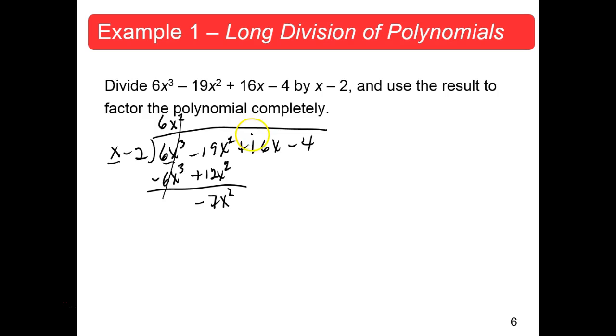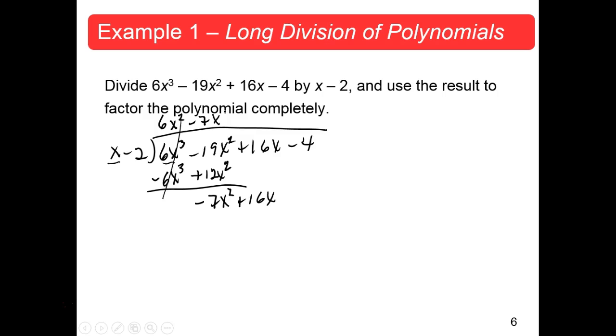Then what do you do next? Bring down the next term, plus 16x. And then we do what? Divide again. X will go into negative 7x squared how many times? Negative 7x times, right?